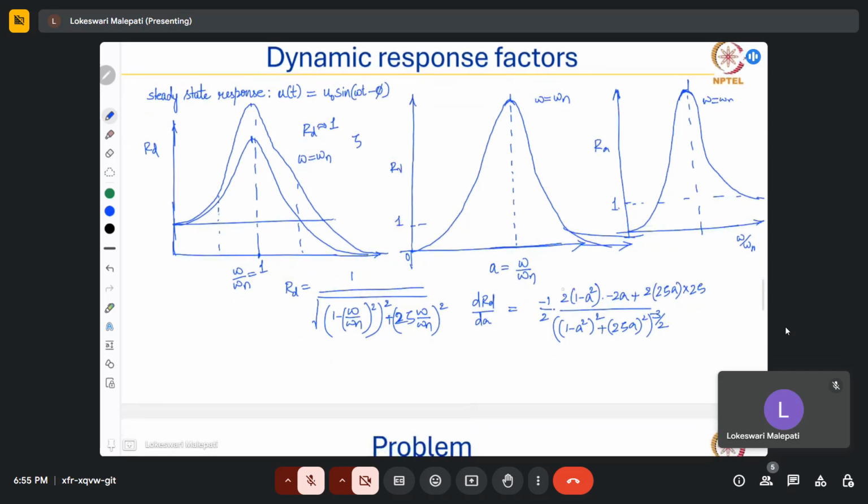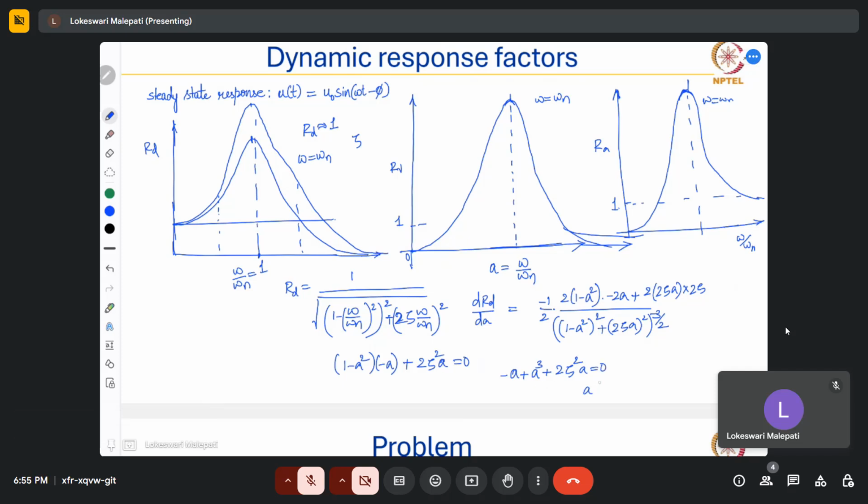So we can consider only this numerator. This will remain minus a plus 2 zeta square a. This is equal to 0. Now we have minus a plus a cube plus 2 zeta square a is equal to 0.